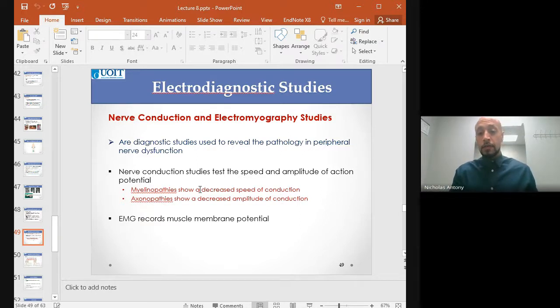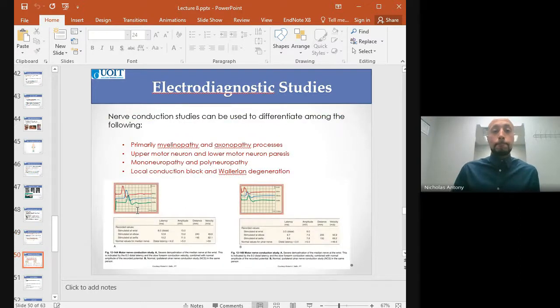Myelopathies would show a decreased conduction speed or velocity. Axonopathies would show a decrease in signal amplitude. Now, why would that be? If you have a loss of myelin, what's going to happen to our action potential?